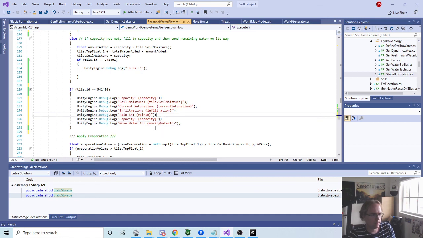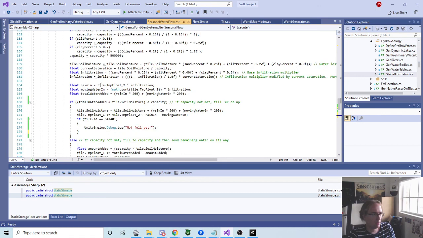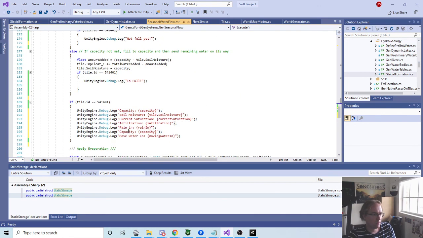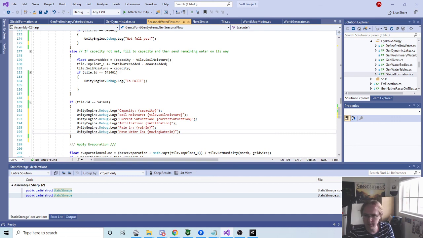By the way, I have capacity a second time. Rain in. Oh, moving water in. No, moving water in. We have it right there. Alright, what are we missing?